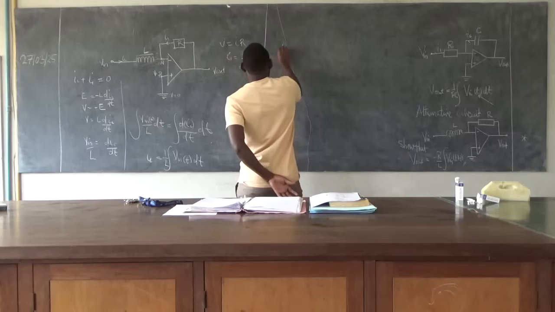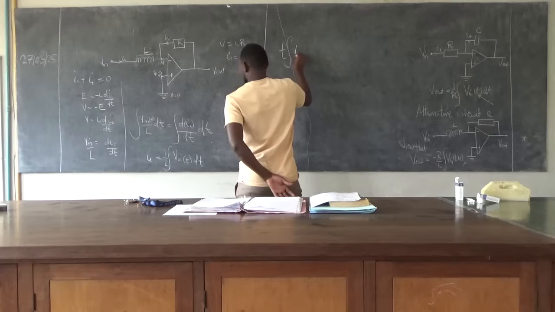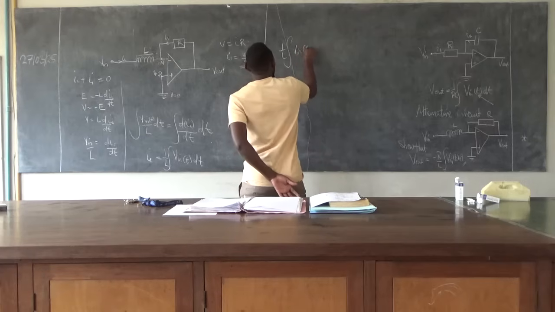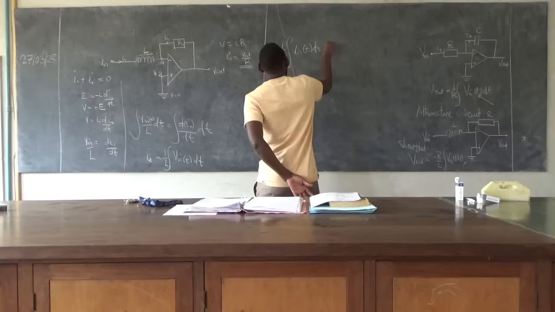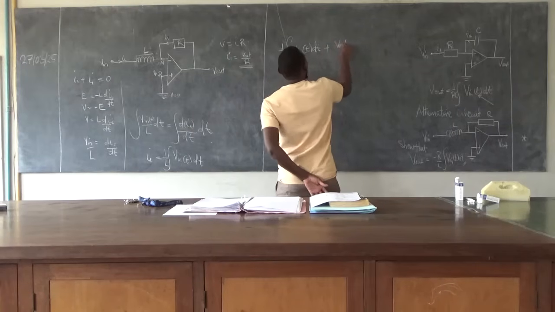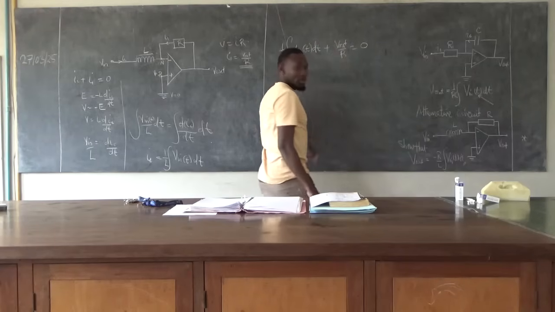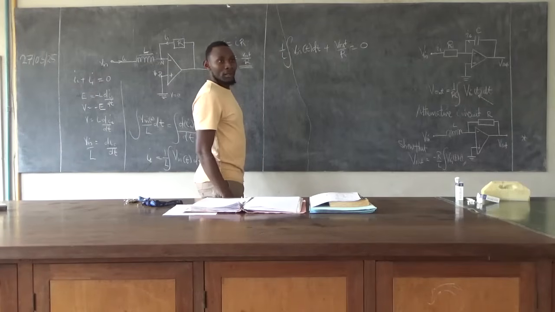So that we get 1 over L, the integral of V in dt, plus V out over resistance, and we say this is equal to 0. We want to make V out the subject of the formula. Just relax.